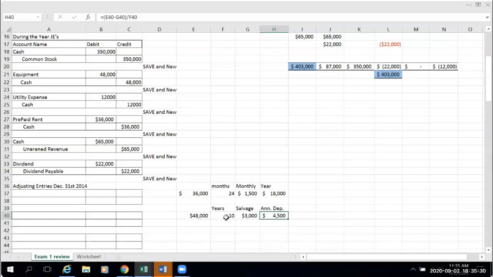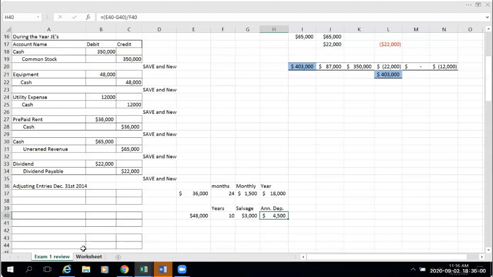Depreciable value divided by useful life of 10 years gives you annual depreciation of $4,500 a year. And we bought this in January, right? So 4,500 times 12 months out of 12 months, that means still 4,500. So we don't need to do any changes on that.